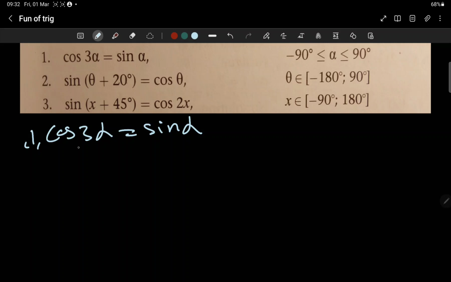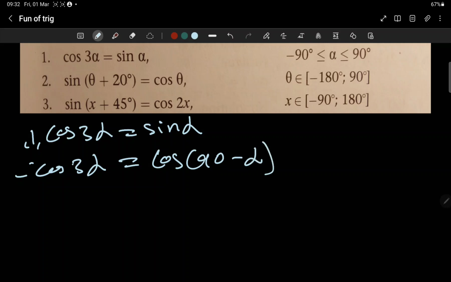So in this case, we have cos on the left and then sine on the right. At least if we can have both cos on the left and also cos on the right, or maybe sine on the left and sine on the right. What we can do here to make those things the same is change sine to cos, maybe someone is already guessing it: sine alpha equals cos 90 minus alpha.